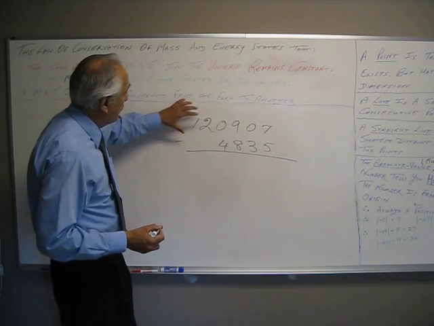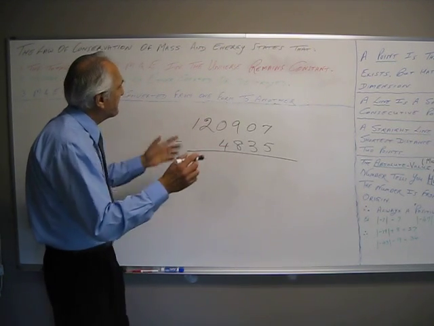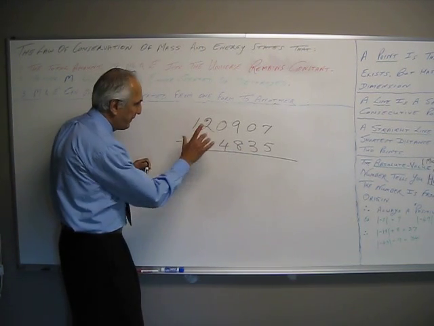Take a quick look. From 12,000 something, I'm subtracting 4,000 something, so we are not going to have a negative answer.